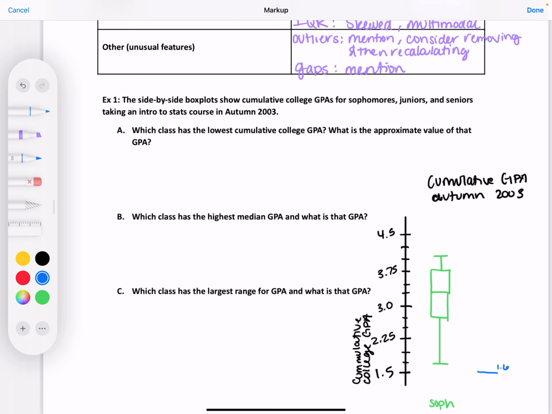And I'm just going to make a note. This lower one for juniors is going to be 1.6, just because it's really close there. Don't worry, on a quiz or something, I'll actually give you this information.